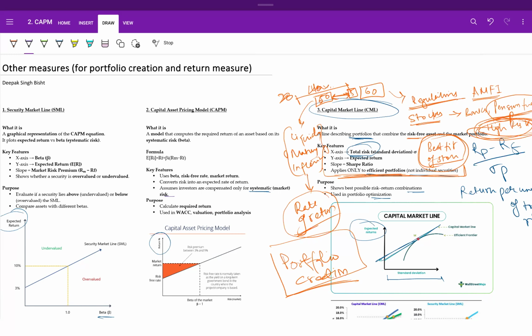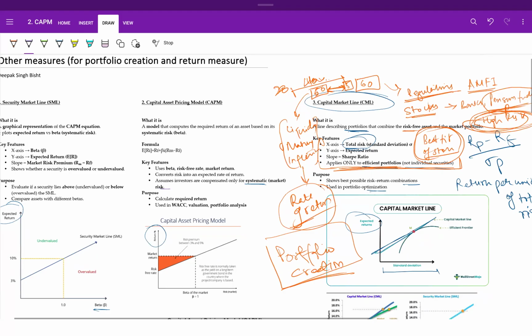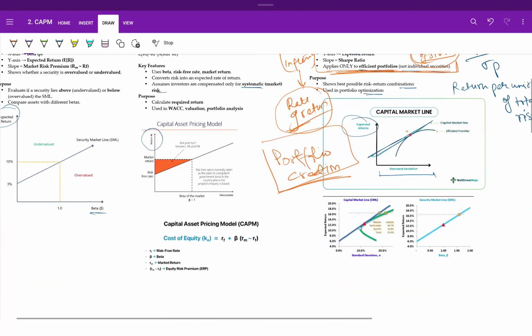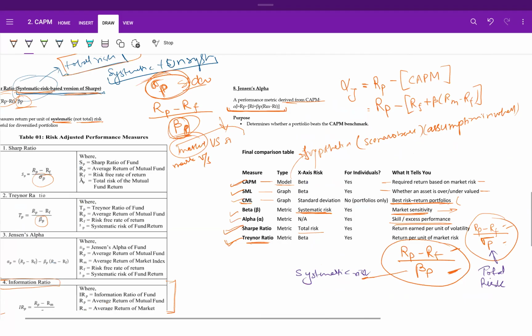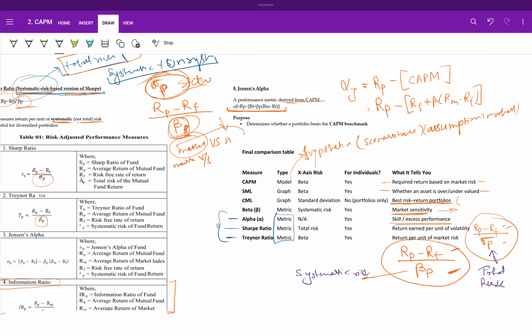But for the Sharpe ratio, let me just clean it up a little bit. When we talk about Sharpe ratio, the Treynor ratio, and alpha, these are actually performance measures. That's why they are metrics.